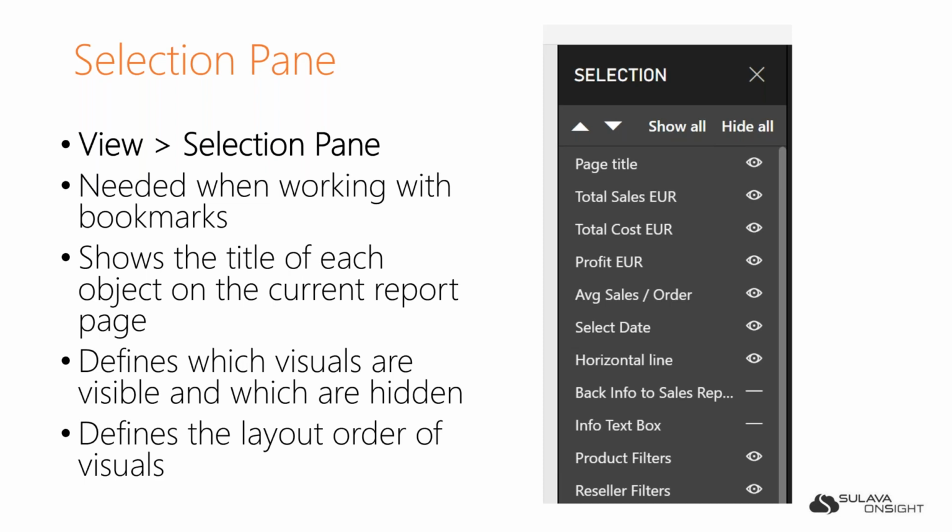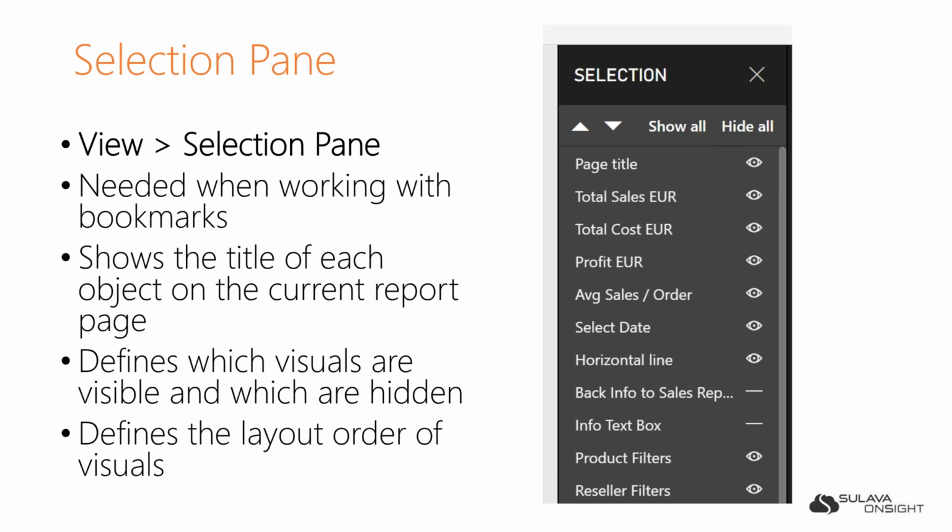Well, it could be a card or it could be something else, because the selection pane shows the title that you have given for the object. So usually you don't want to have a title like total sales euro card. You left the card out, and that's why probably the names of these objects are not so intuitive, because they are the titles of your objects.